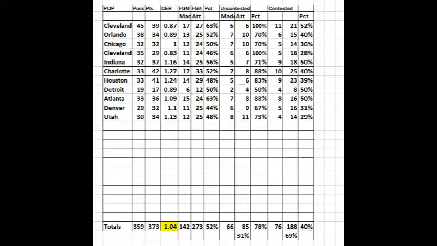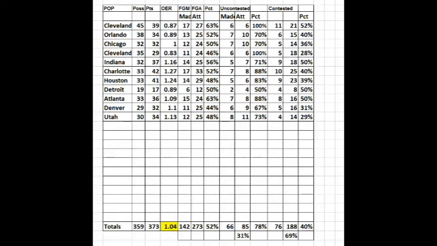They had a lot of positive possessions, but they did shoot 63%. Only 6 out of those 45 possessions were uncontested, and they shot 100% on it.